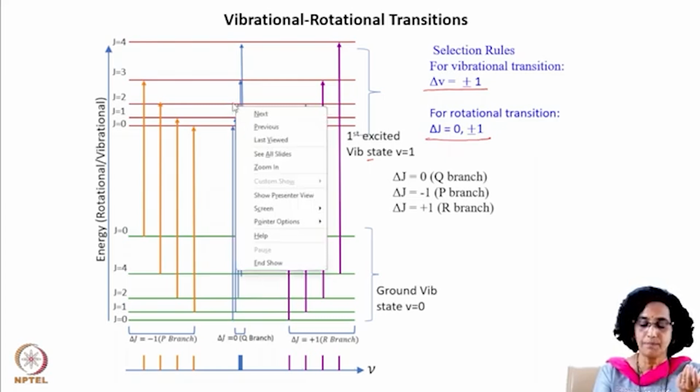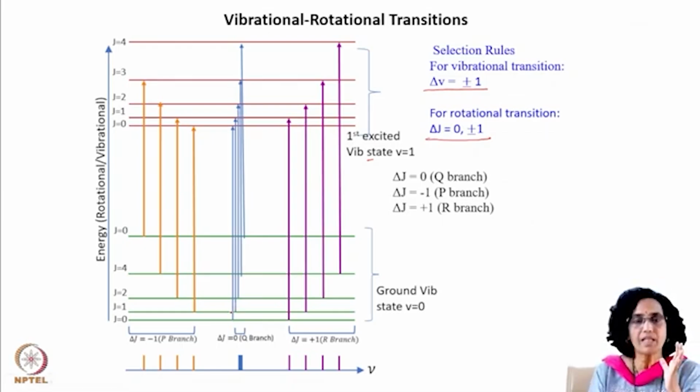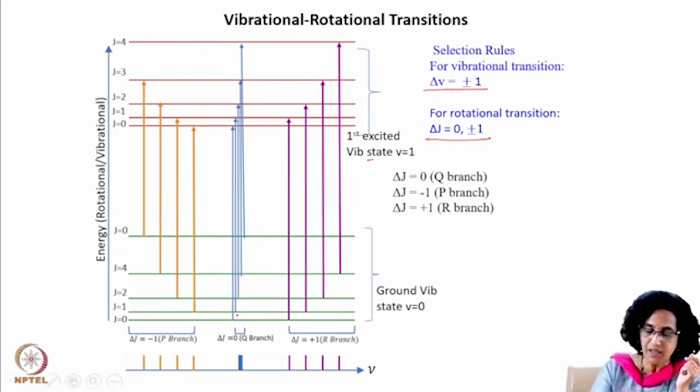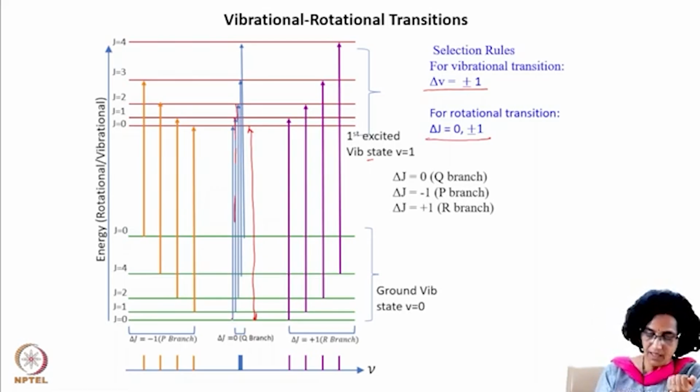So here also the delta J is equal to 0. Now, would we expect that all these frequencies that we are trying to show should not they be equal? Should not the same photon be required to excite the molecule from J equal to 0 to J equal to 0 of the next, or J equal to 1 to J equal to 1?